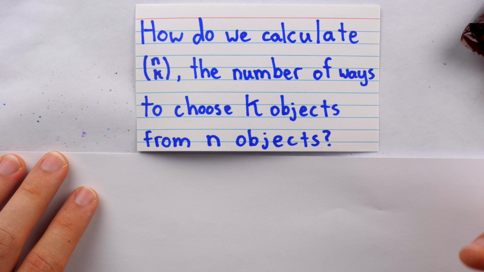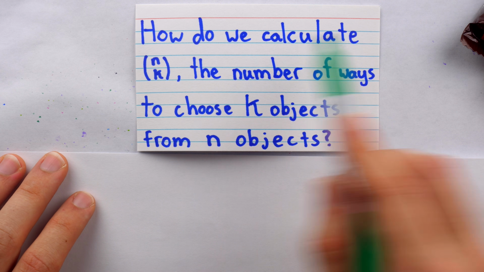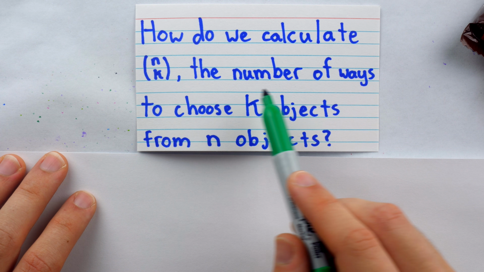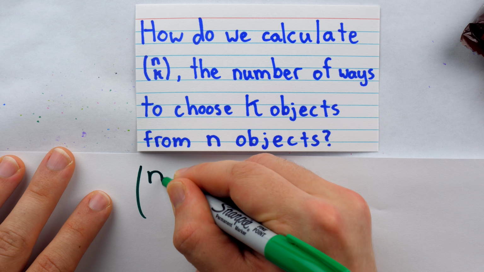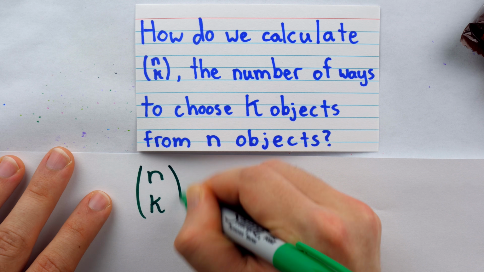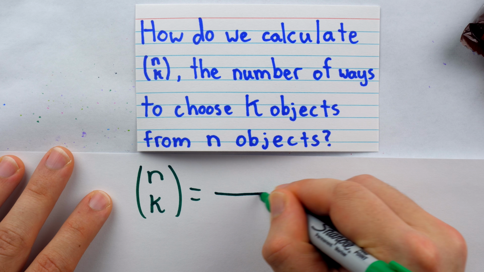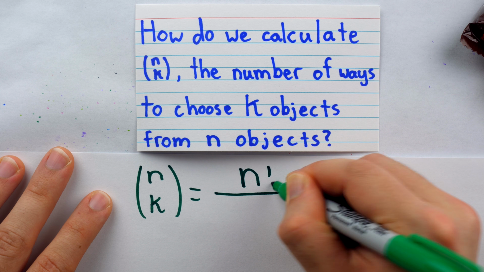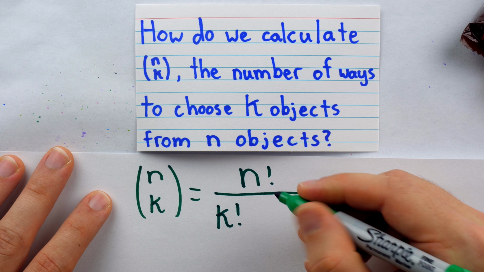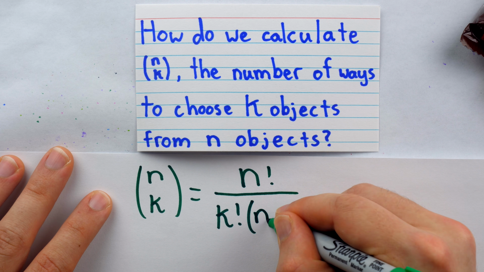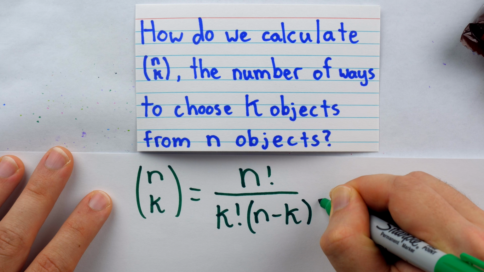Let's write it out. So we're answering the first question. How do we calculate n choose k, the number of ways to choose k objects from n objects? Well, it's written like this, n choose k, and it's equal to n factorial, that's the top number factorial, divided by the bottom number, k factorial, also divided by n minus k factorial.